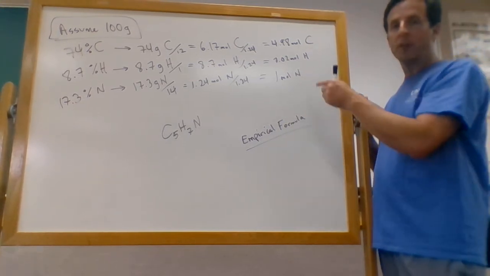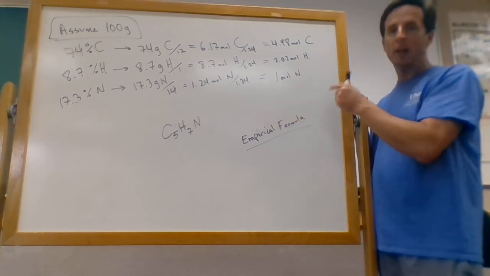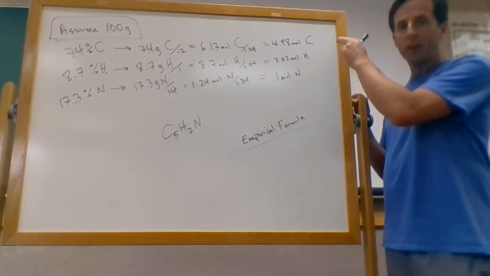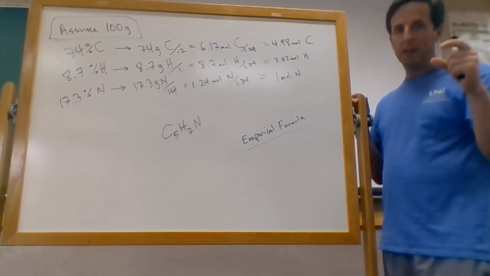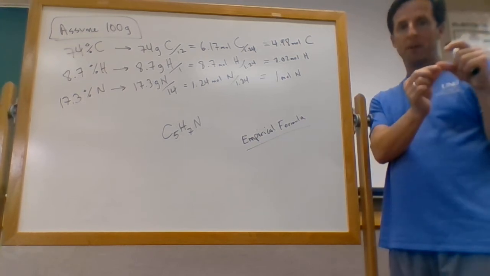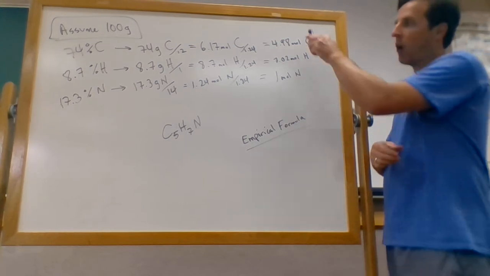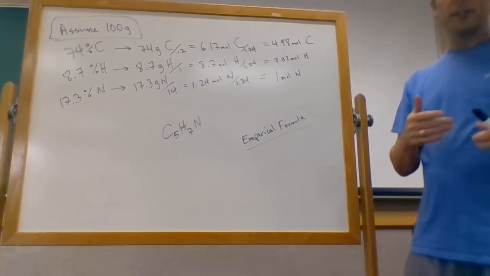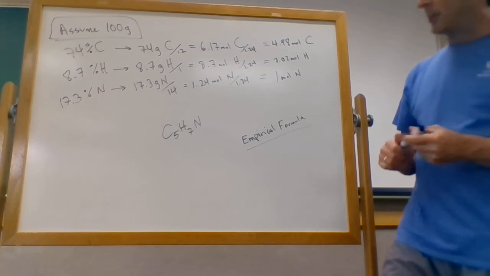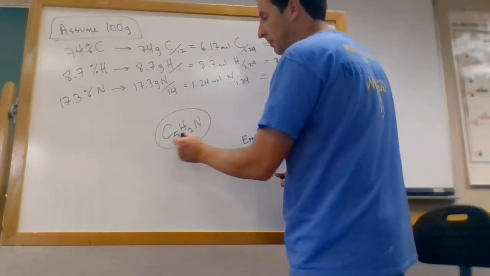So the key is when you write your formula, all the elements need to be whole numbers. If you recognize a certain fraction, you just multiply by the denominator of the fraction, but you have to multiply all the values by that number so that you keep the ratio the same. Okay? Anyway, so that's it. This is my empirical formula.